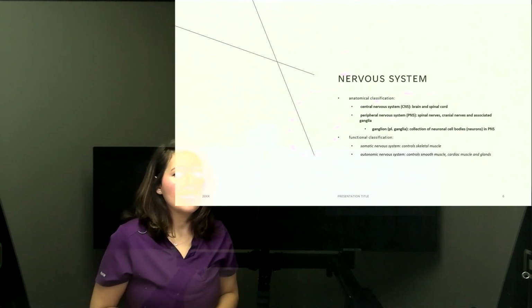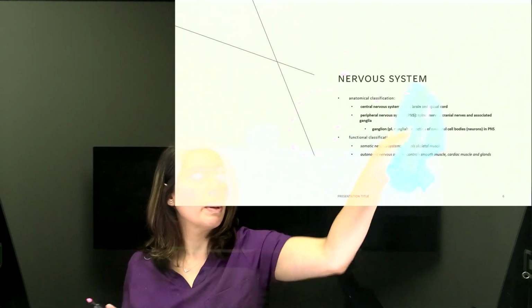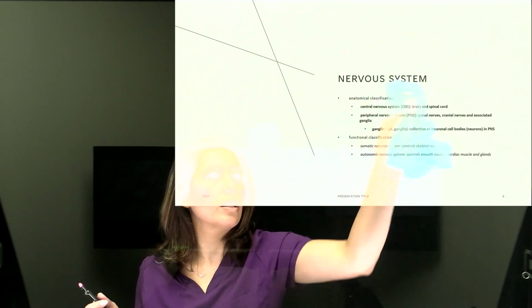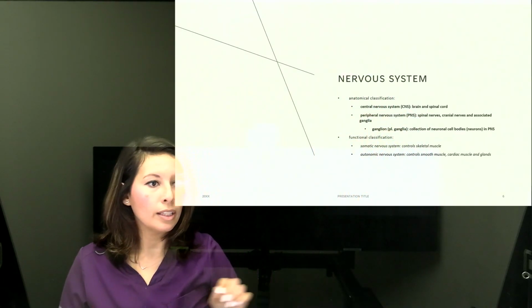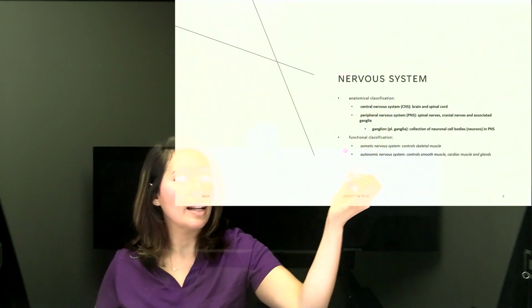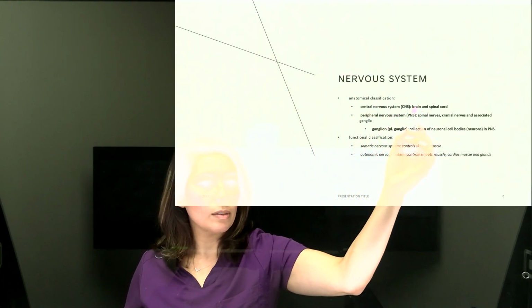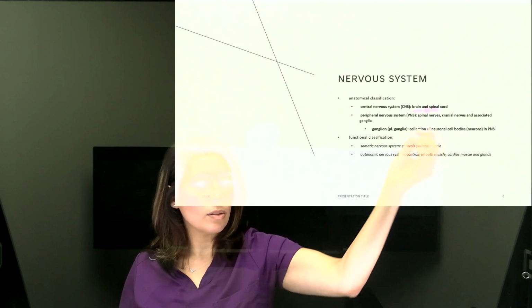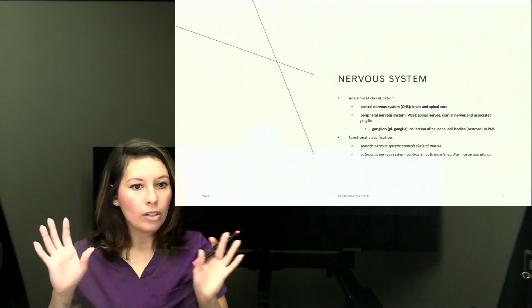In the nervous system, remember, we have two classifications. We have the central nervous system, or CNS, which is specifically the brain and the spinal cord and nothing else.